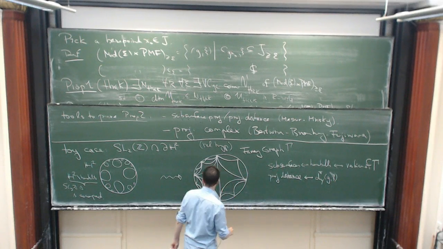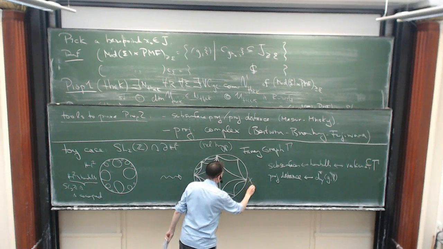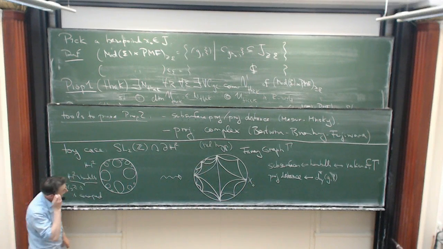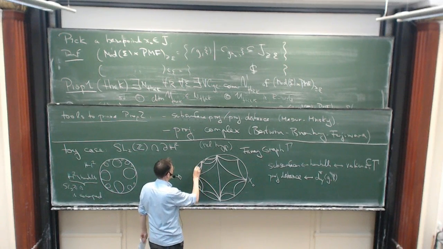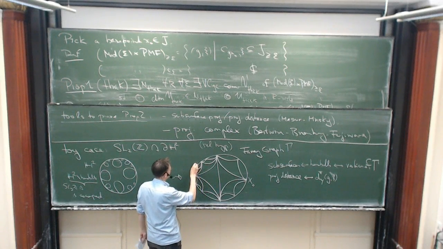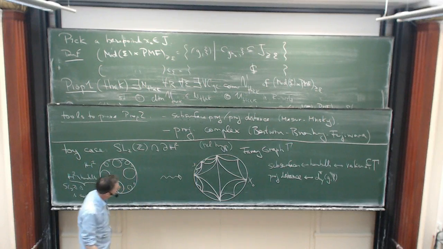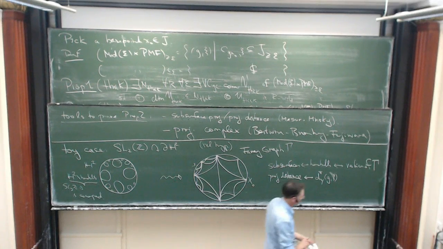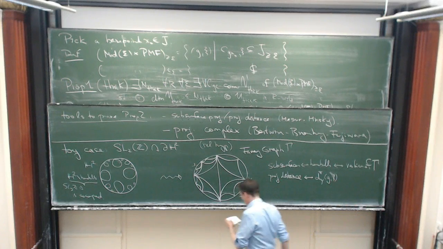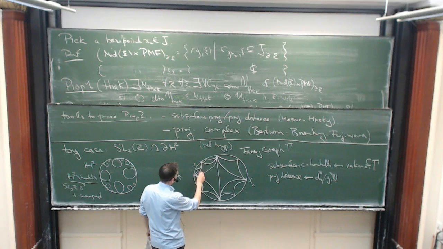To this end, we fix one of these vertices as the base point, and maybe over here I have my point on the boundary, and then we look at the geodesic.